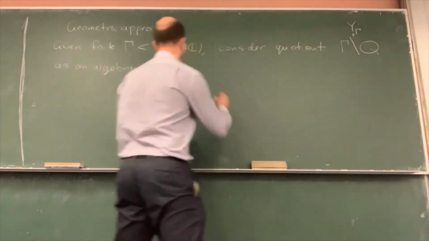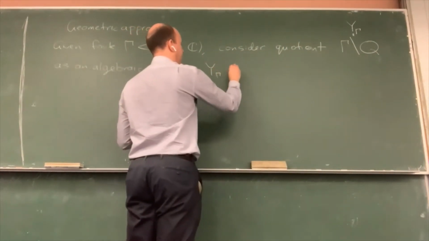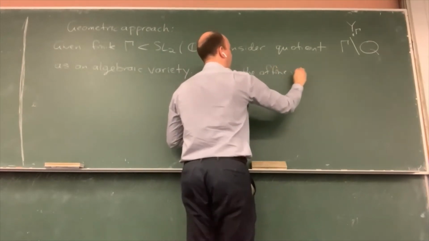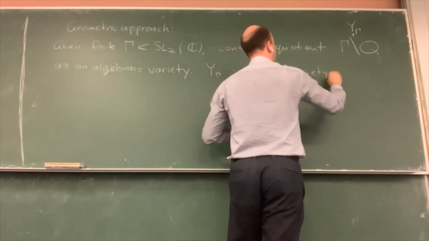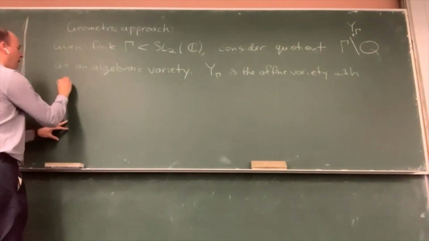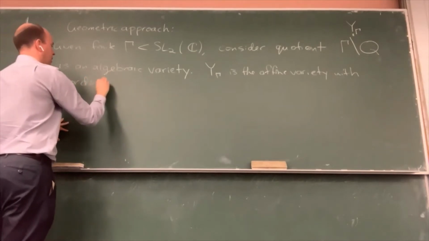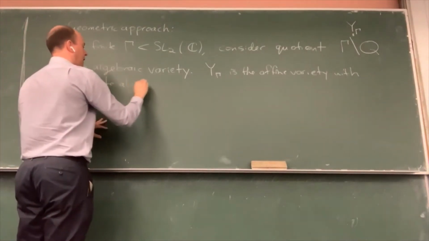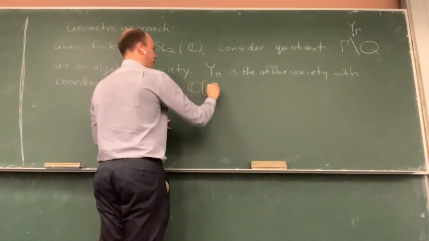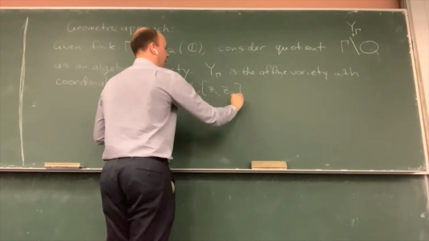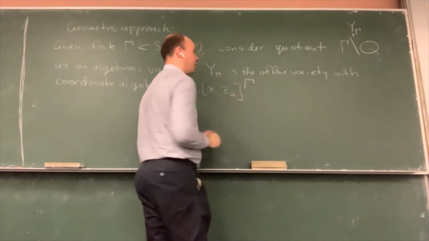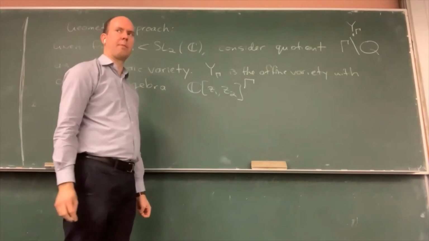So this means that Y gamma, by definition, is the affine variety with coordinate algebra where you take the coordinate algebra of the affine plane, C[z1, z2], and inside there look at the polynomials which are invariant under the action of gamma.